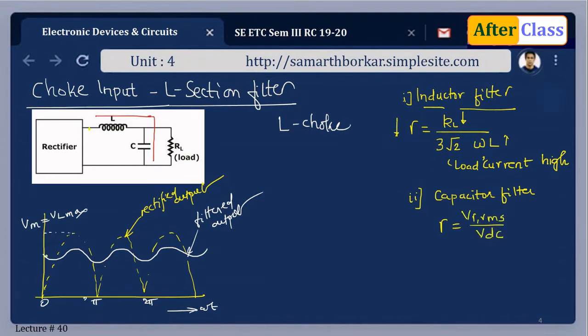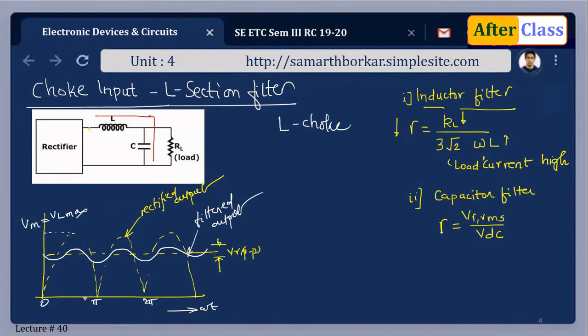Now here, this is the VDC, for full wave rectifier it is 2 Vm by pi, and here what you see right now, a varying signal, is the VR peak to peak.